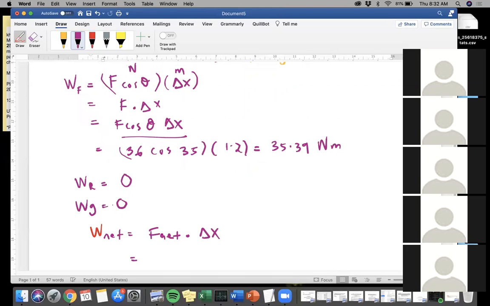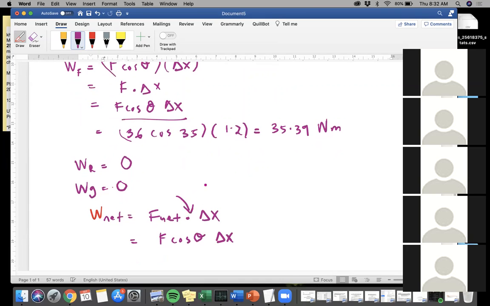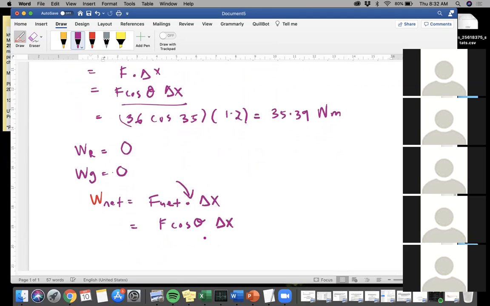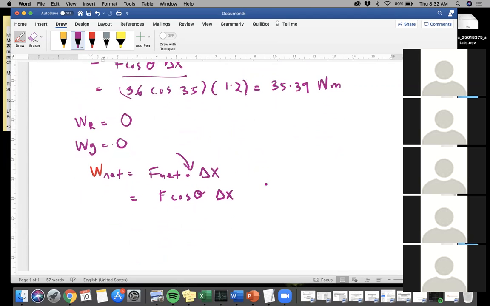The forces in the x direction is only F x. So we have F cosine theta delta x. That's the only thing in the x direction. Remember, this dot product gives you a cosine, and the only cosine that has value is the F cosine from the pushing force. So this just becomes 35.4.